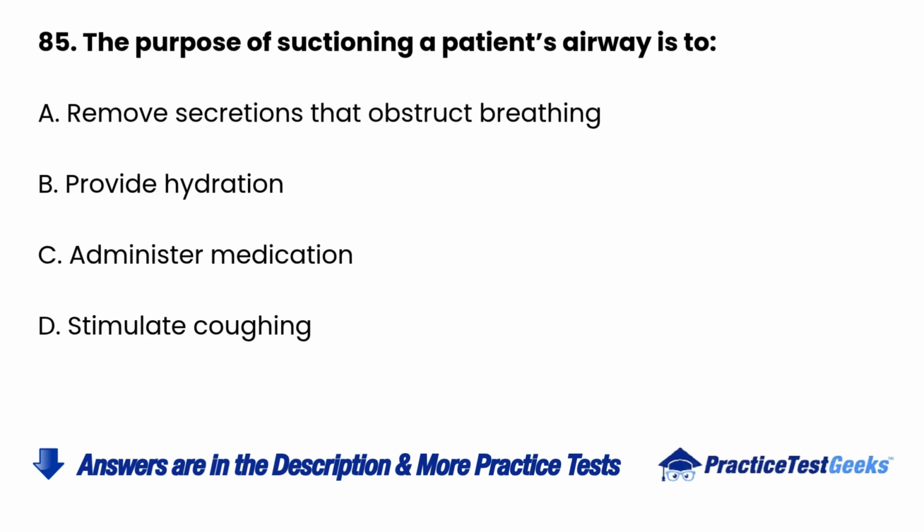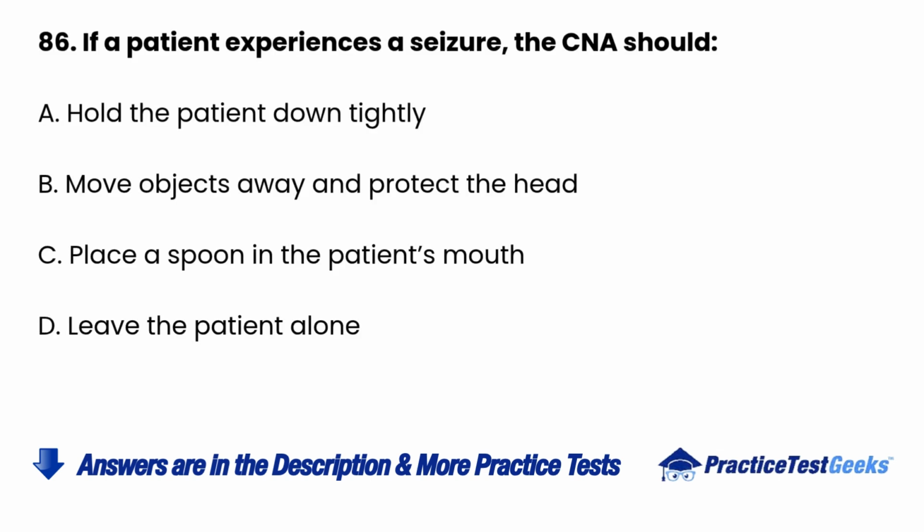The purpose of suctioning a patient's airway is to: A. Remove secretions that obstruct breathing. B. Provide hydration. C. Administer medication. D. Stimulate coughing. 86. If a patient experiences a seizure, the CNA should: A.